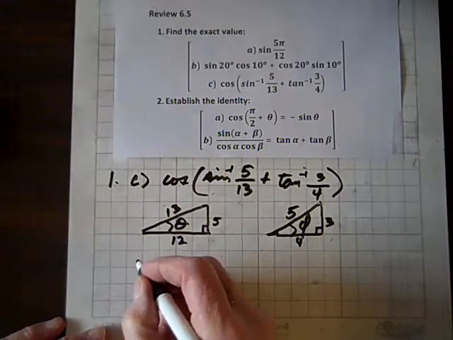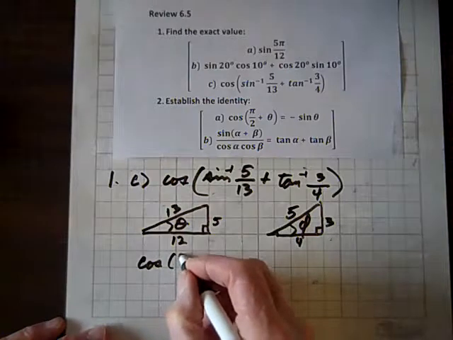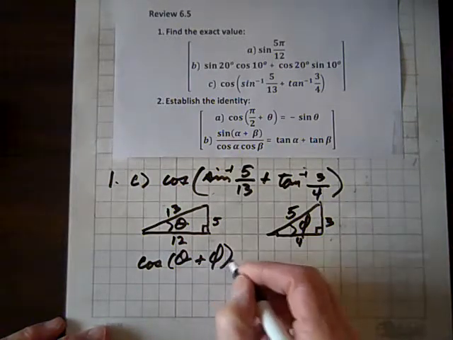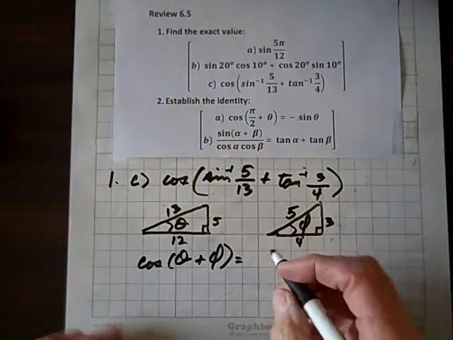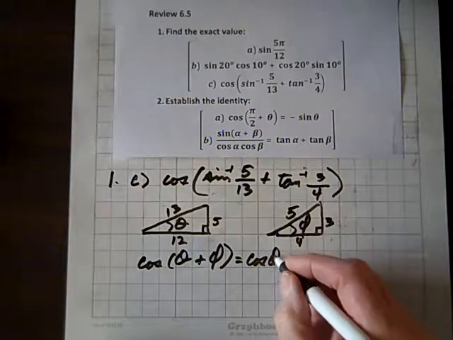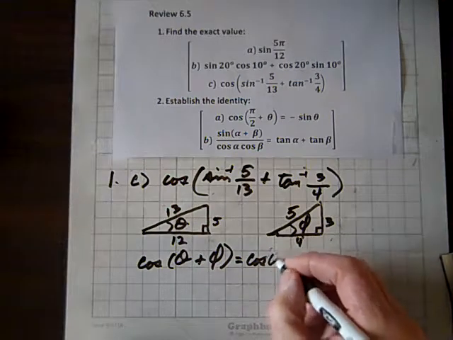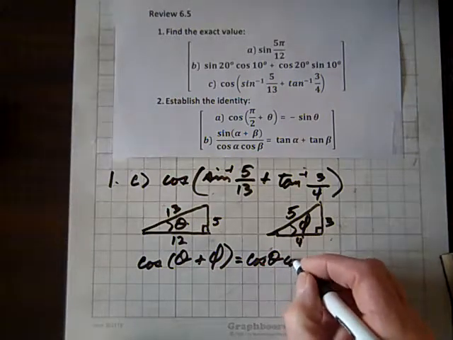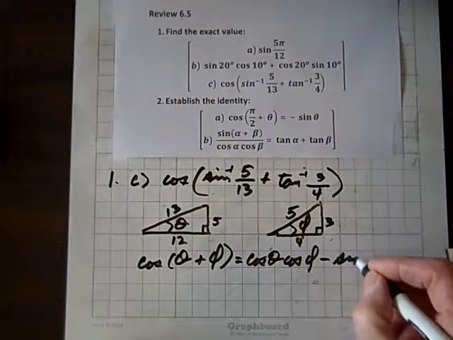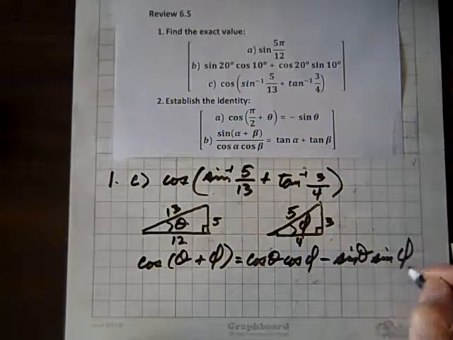Now, we have the cosine of theta plus phi, which equals the cosine of theta, cosine of phi, minus sine of theta, sine of phi.